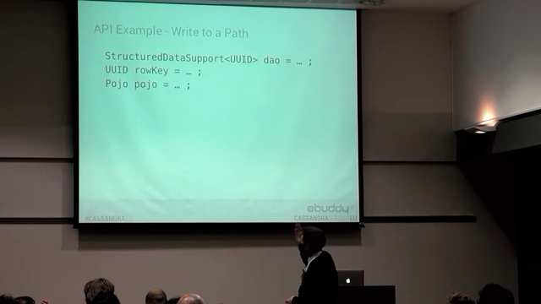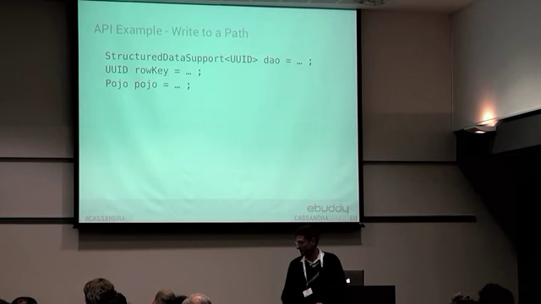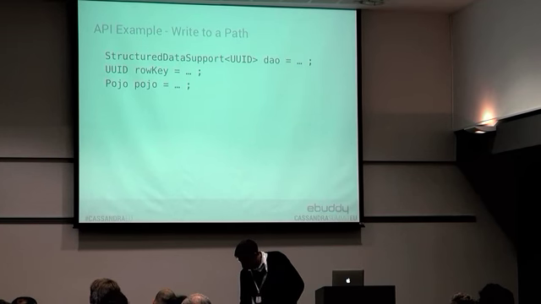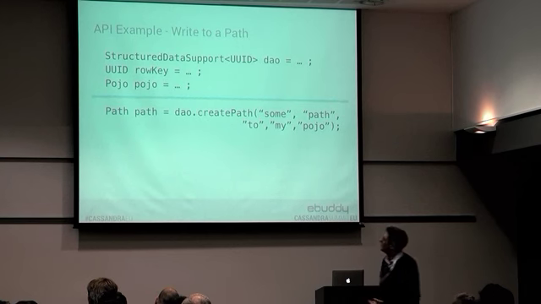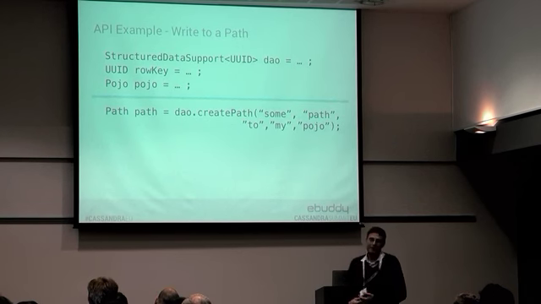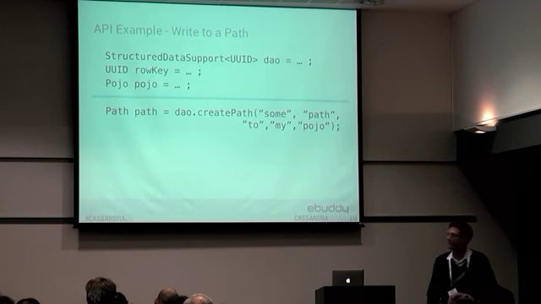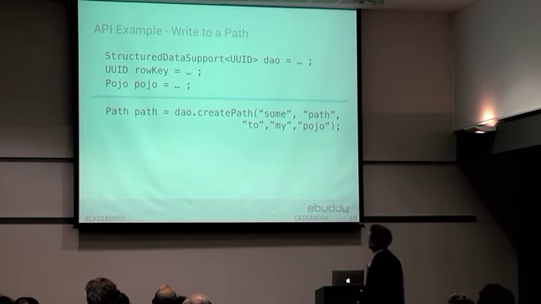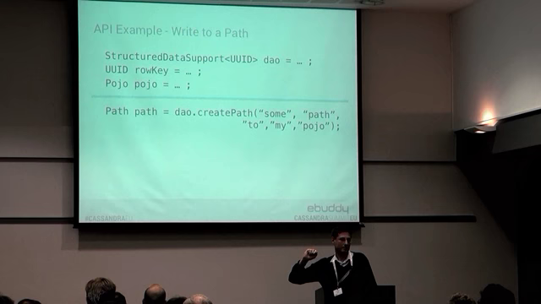So given a row key and a POJO, which is an object in your application domain, you specify a path of where you want to store this object. Where do you want to write it? So you just create a path using this support object and specify the elements in the path.